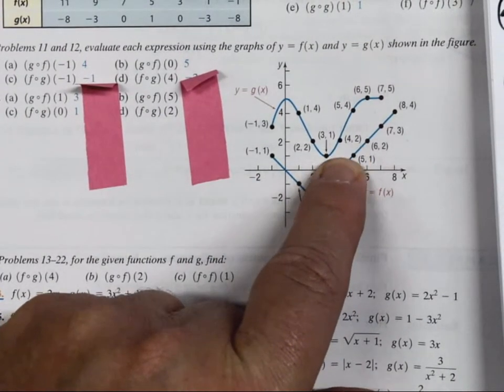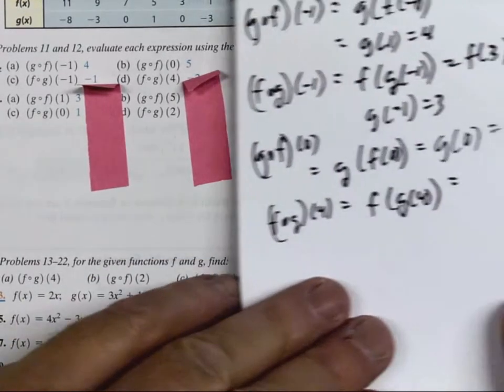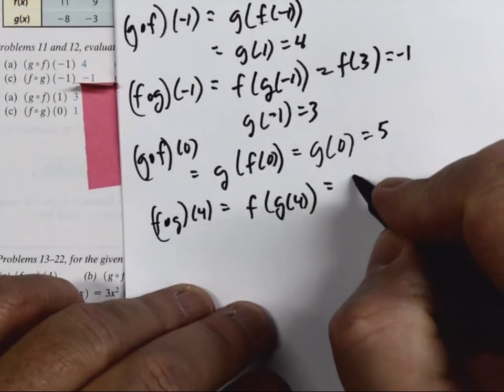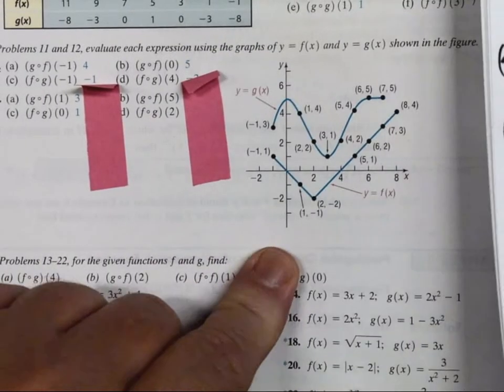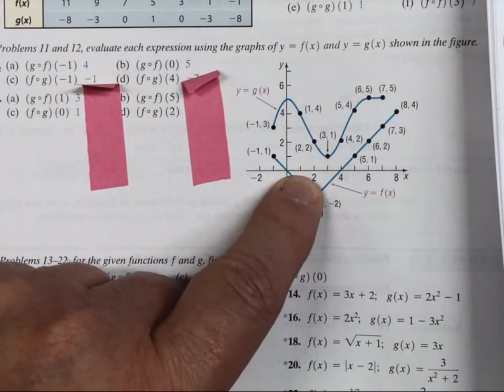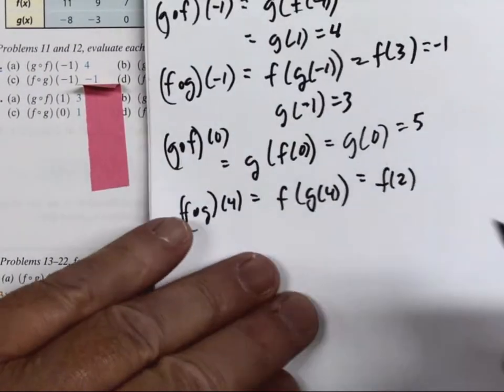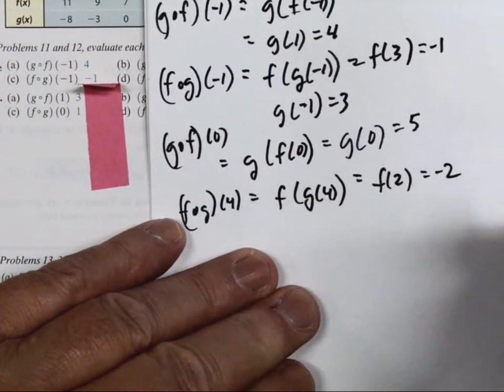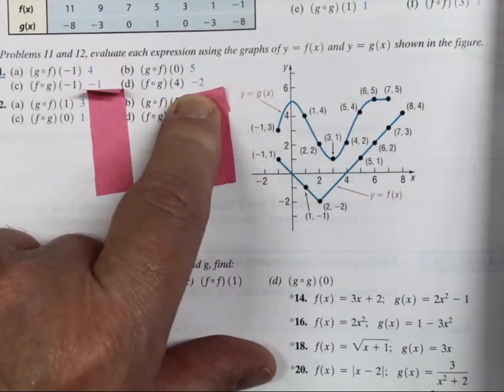Here's the g graph. Let's go up there, and the function is 2. So this becomes f of 2. So now I go to x equals 2, and I look at my f function. Looks like it's down here at -2. If I look at the answer, yep, it's -2.